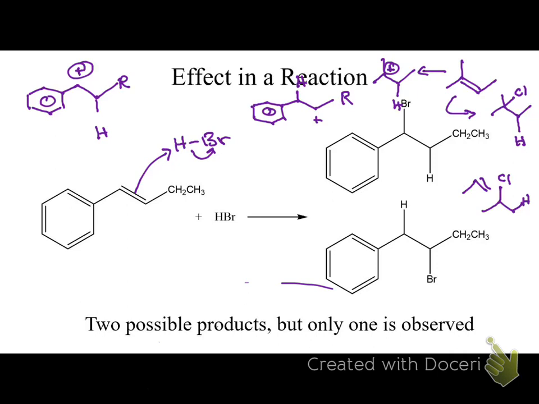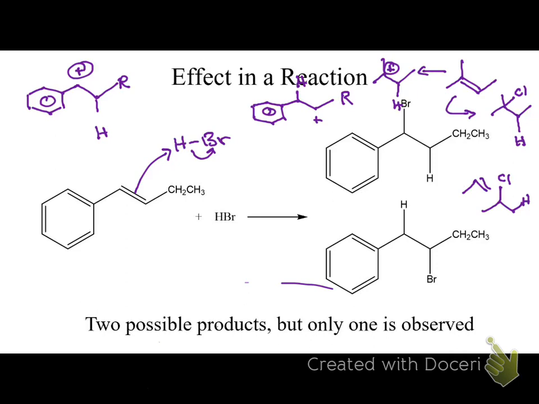So when we're looking at major products in these reactions, it's the creation of the carbocation which decides the major and minor product. You always want to make the more stable carbocation. So the rule was, in Markovnikov's rule, the carbon with the most hydrogens gets a hydrogen, and the halide goes to the other one. But the reason for Markovnikov's rule is the carbocation. You're always forming a more stable carbocation in Markovnikov's rule.